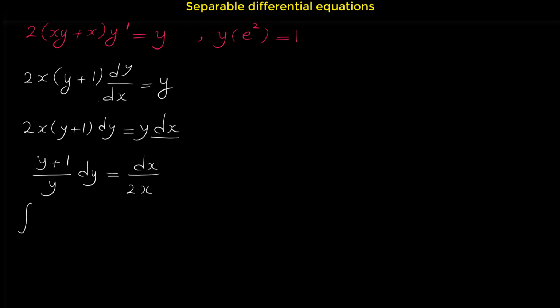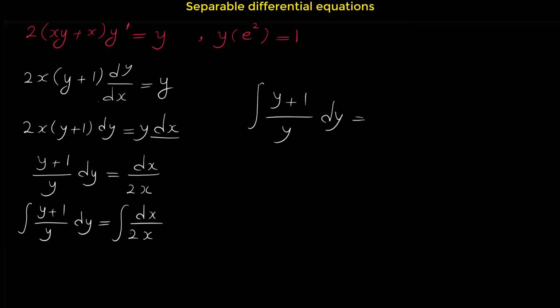So we have the integral of y plus 1 over y dy is equal to the integral of dx over 2x. Note that for finding the integral of y plus 1 over y dy, we can write this expression as 1 plus 1 over y dy.